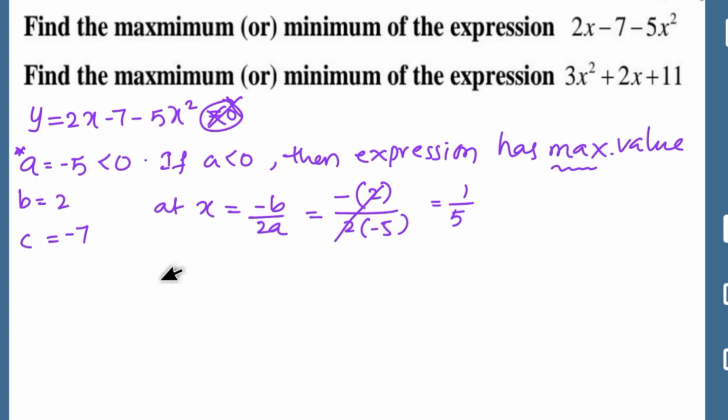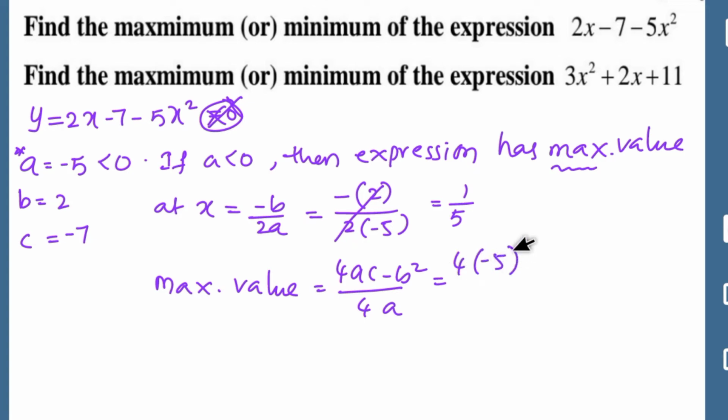So what is the maximum value formula? Maximum value equals 4ac minus b square by 4a. So 4 into the a value, minus 5, c value minus 7, minus b square, which means 2 square, by 4 into minus 5.